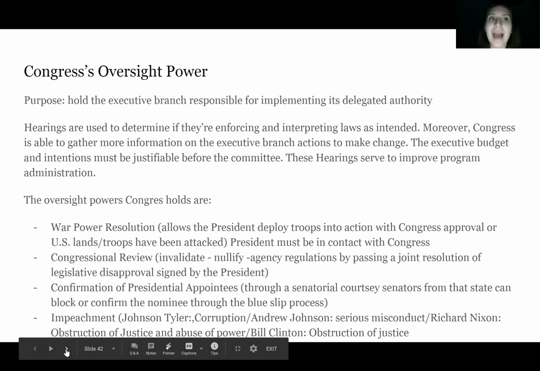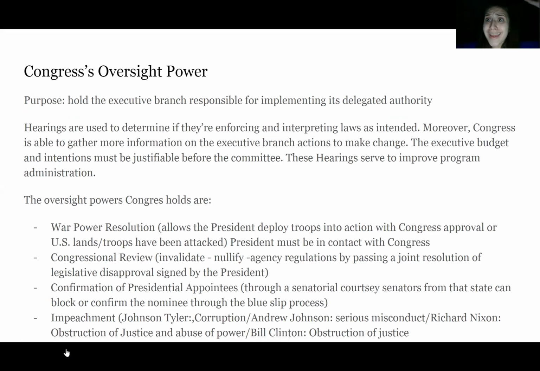Congress oversight power. So what is oversight power? This is important because it holds the executive branch, which, keep in mind, is the presidential group, responsible for delegating authority. Hearings are used to determine if they're enforcing and interpreting laws as intended.